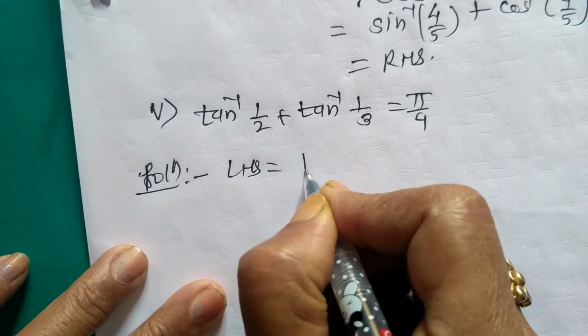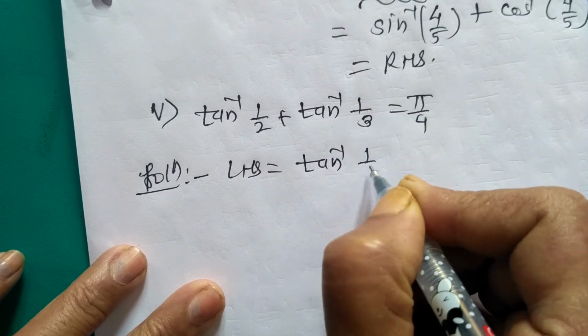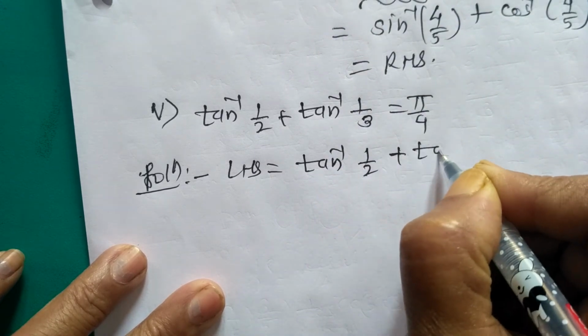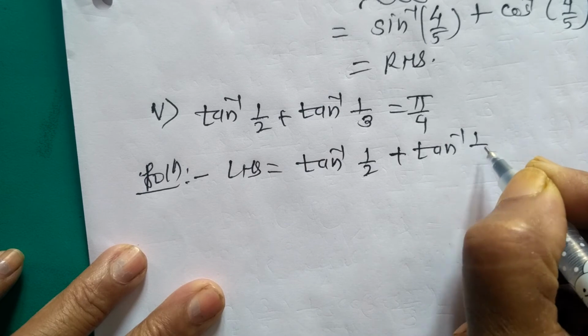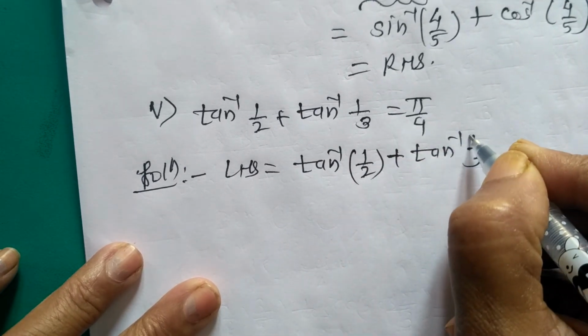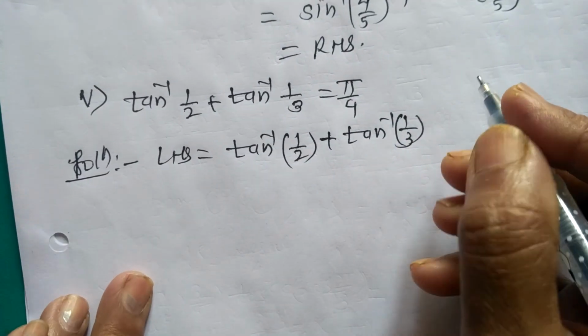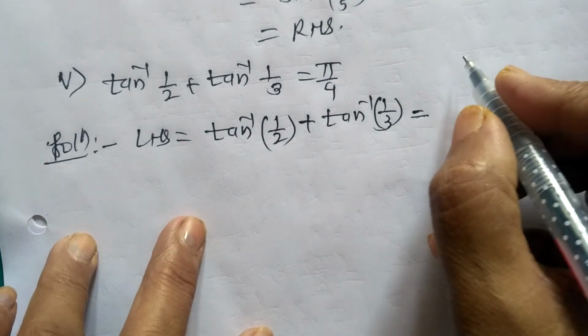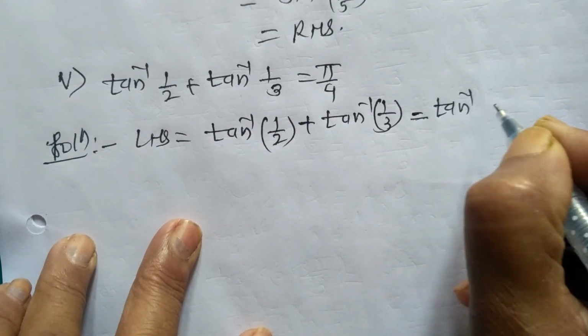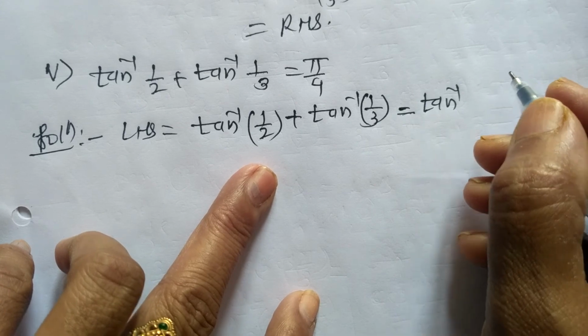LHS is equal to tan inverse 1 by 2 plus tan inverse 1 by 3. Use the formula for tan inverse alpha plus tan inverse beta. What is tan inverse alpha plus tan inverse beta? Or you may take tan inverse x plus tan inverse y.